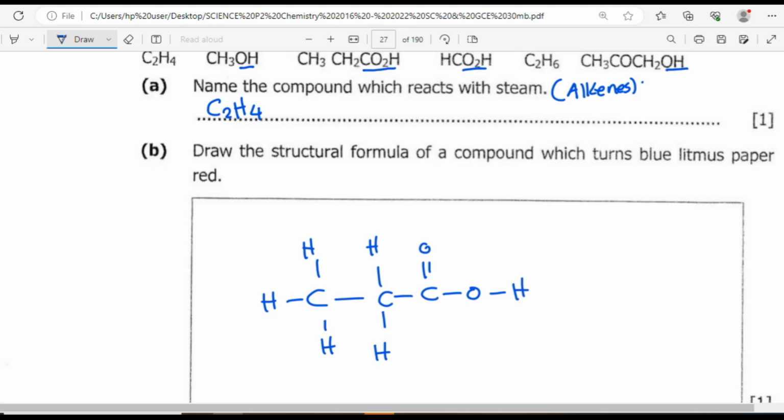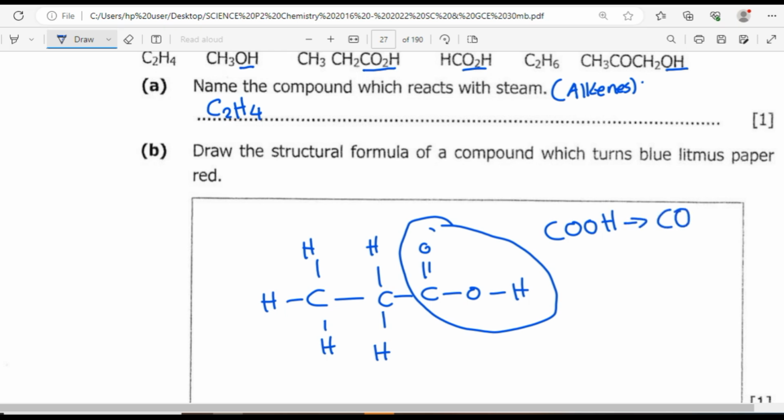So this is an acid. To identify an acid, you should have this functional group, which we call CO, sometimes shortened as CO2H. Don't be confused by this.